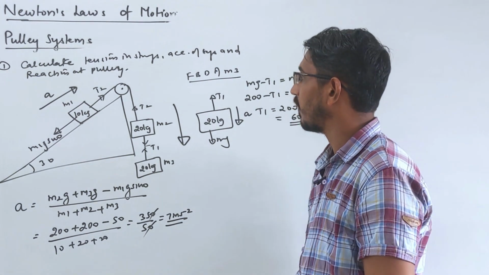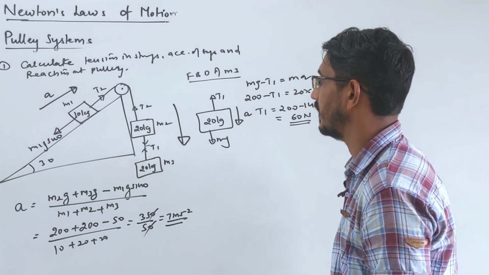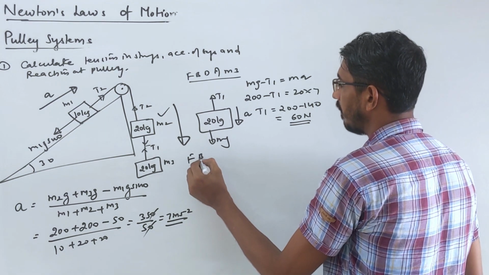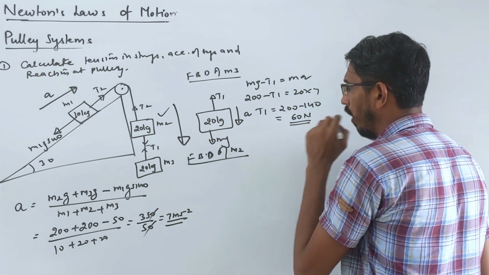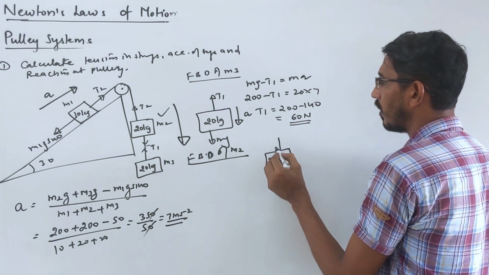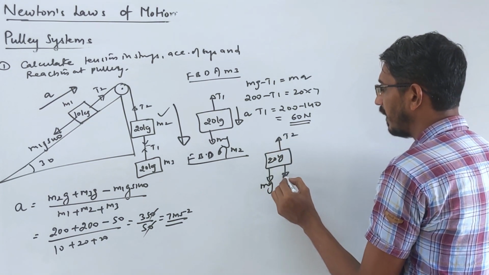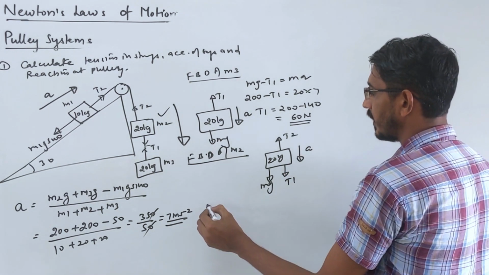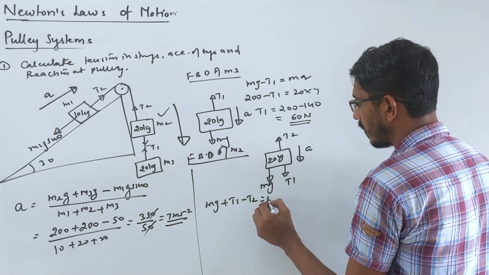Okay, T2 you want to calculate, you can take the FBD of this or of this, your choice. Both ways should give the same answer. Suppose I am taking M2. I am writing the FBD of the M2 block, which is moving vertically. This is your 20 kg block, tension T2 upward, Mg downward, and tension T1 downward, accelerating downward. So Mg plus T1 minus T2 is equal to Ma.